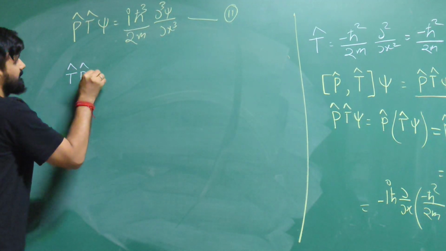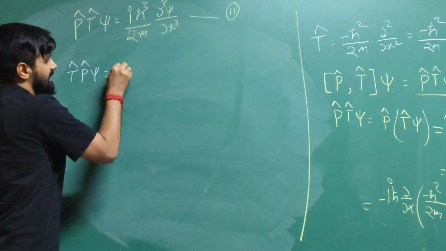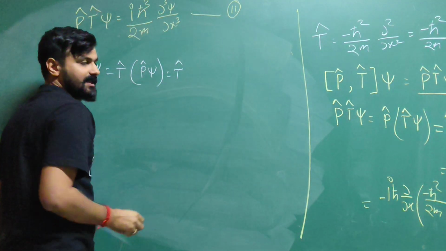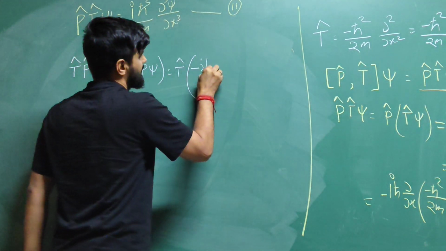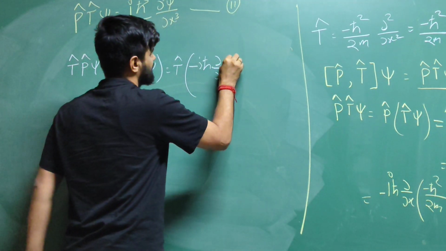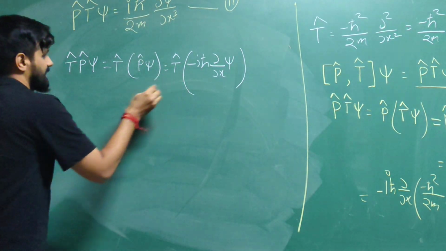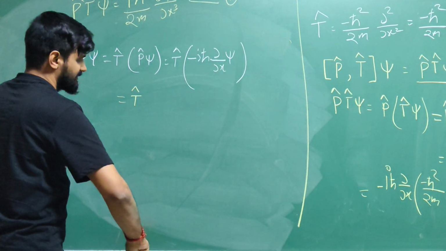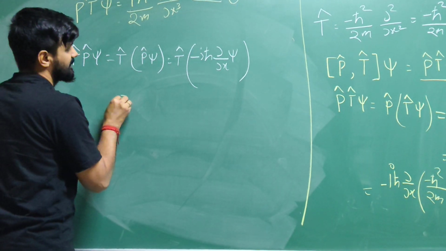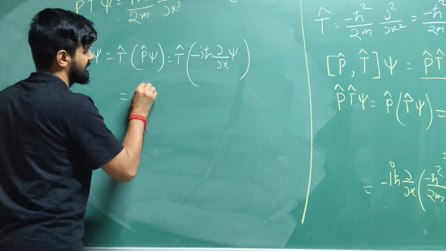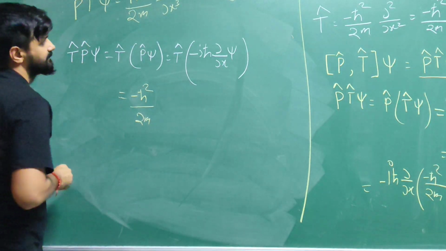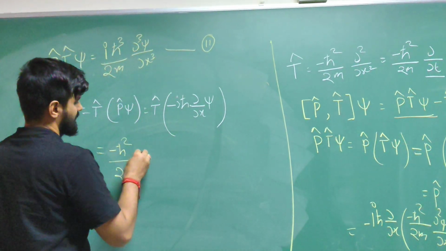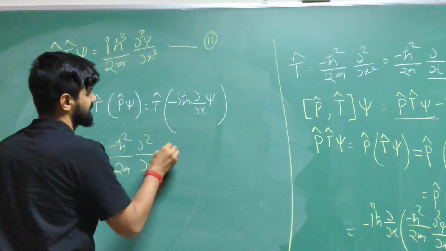T cap P cap psi. So T cap I will keep it as it is, then it will get operated like T cap P cap psi, where P cap is like minus i h del by del x of psi. Now this T cap you have to operate over that function that you got there, where T cap is minus h square divided by 2m del 2 by del x square.